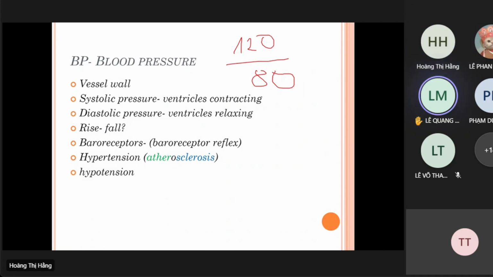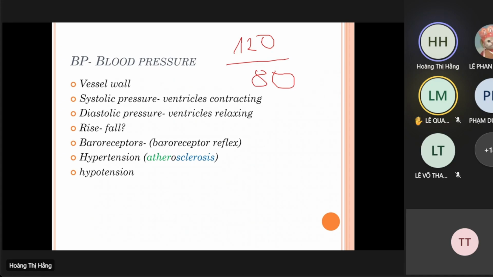Well, the 120 we got this when the valve contracts, and the 80 when the vessels vasodilate, like they pull out. Yeah. Push the blood out and the valve relax. Okay. With the contraction and with the relaxation.